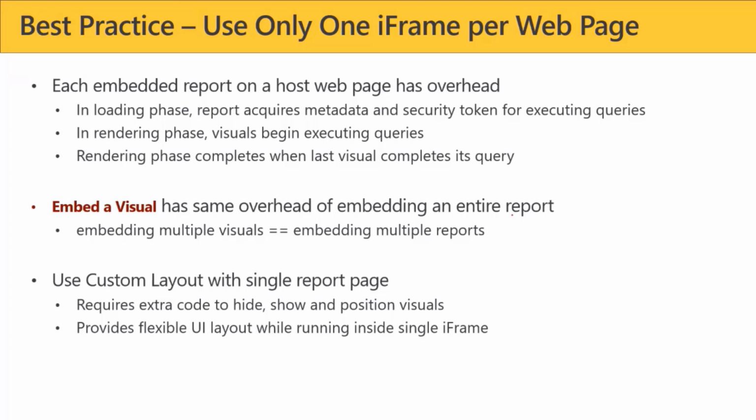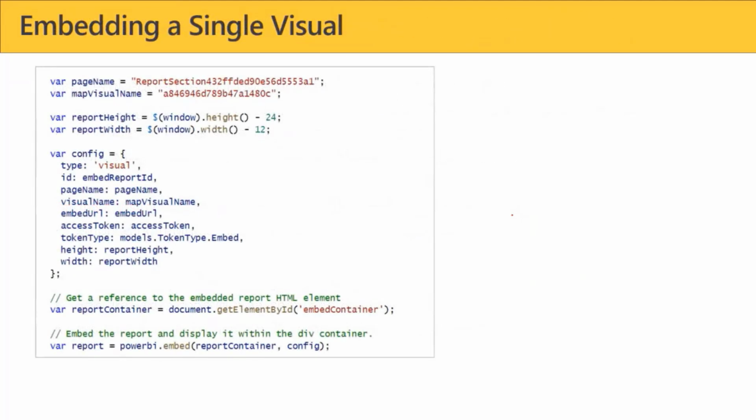Now, if you were looking for some design that you thought embed a visual was good for, you can use custom layouts, and we'll look at that. But here's the code I don't want you to use casually.